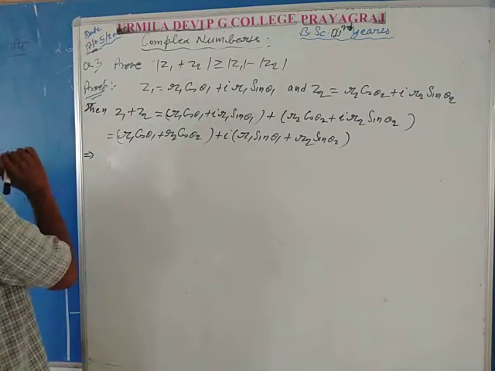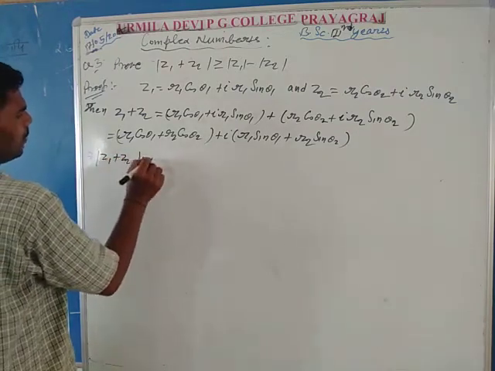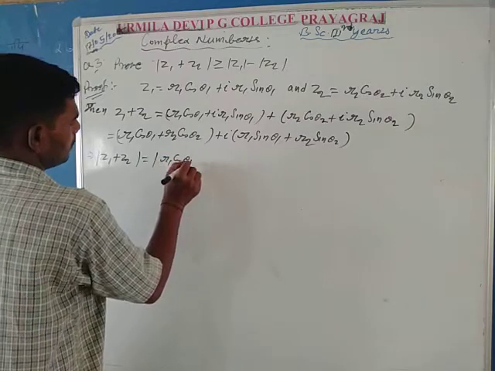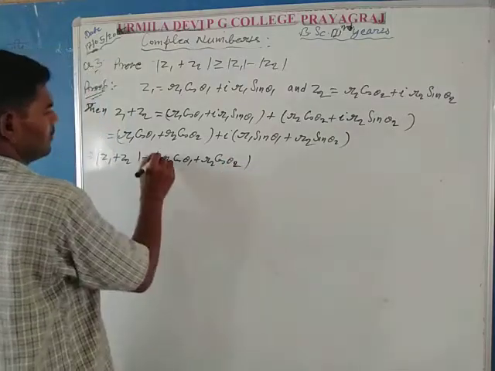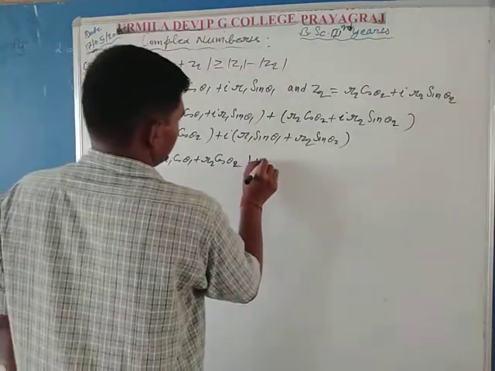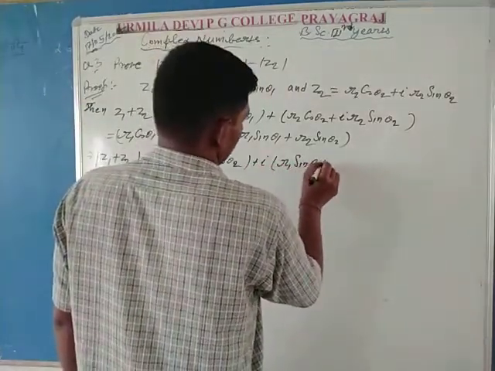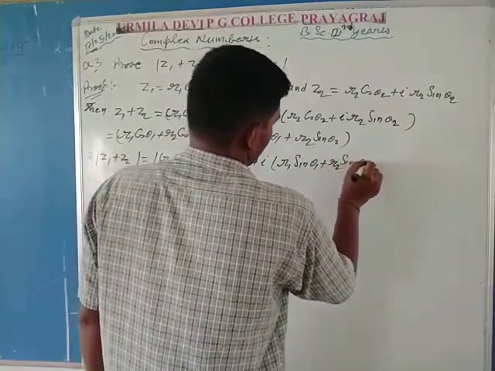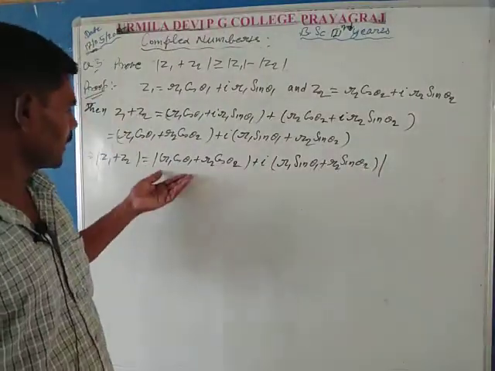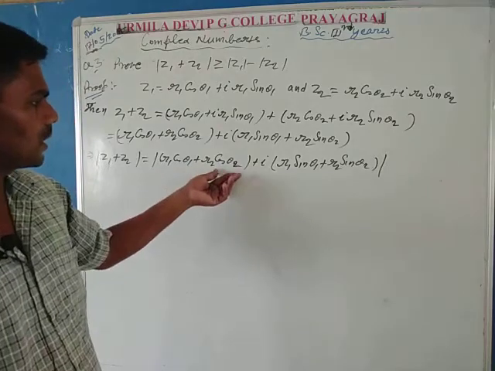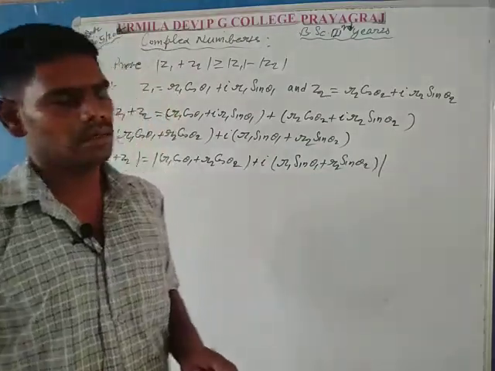Now, according to the inequality, taking the modulus of both sides, mod of Z1 plus Z2 is equal to mod of (R1 cos theta 1 plus R2 cos theta 2) plus i times (R1 sin theta 1 plus R2 sin theta 2).